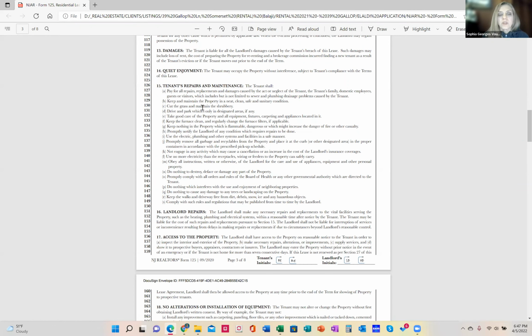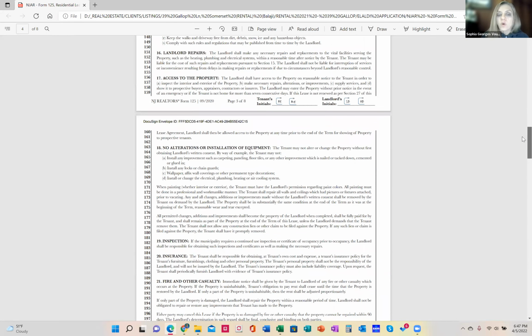Now, a tenant is also required to get tenant's insurance, renter's insurance. The landlord has his home insurance on this, but the tenant is also required to have renter's insurance, and that's their coverage if something happens. Okay, access to the property. No alterations, they can't start installing locks or making alterations to the wallpaper or the paint.